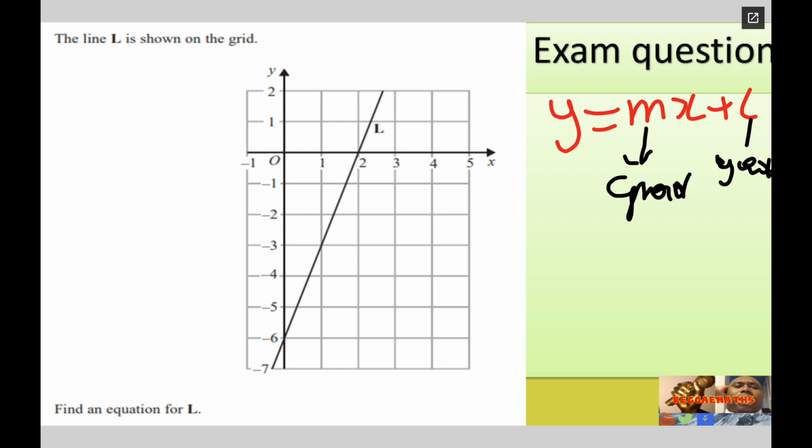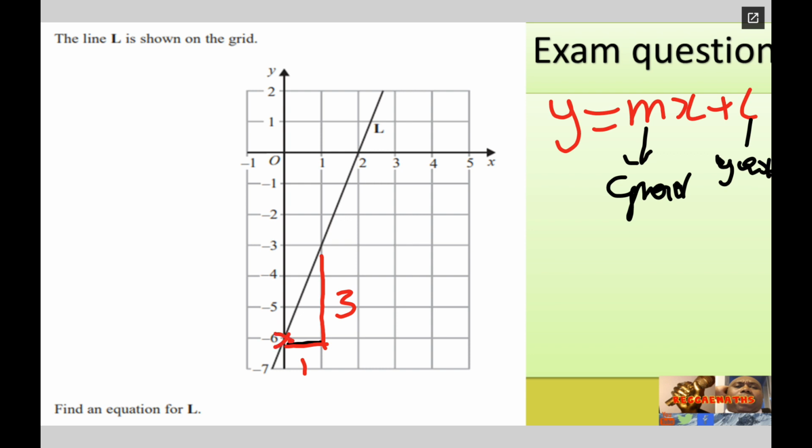So if we first identify the gradient of the line, run is 1, rise is 3, and the line crosses at minus 6.